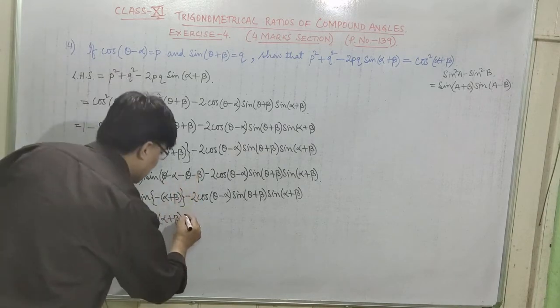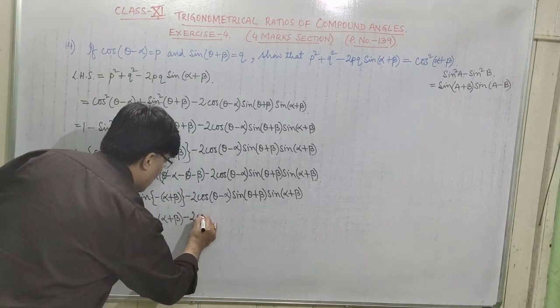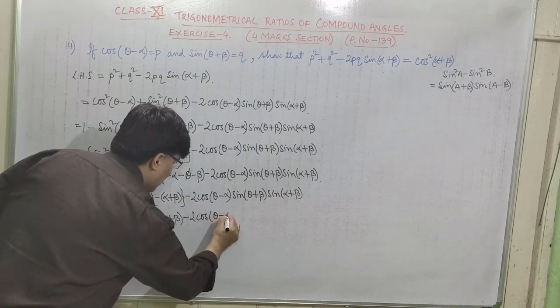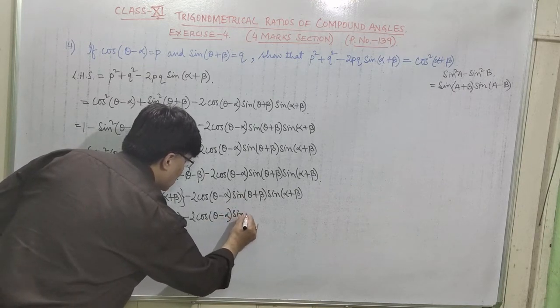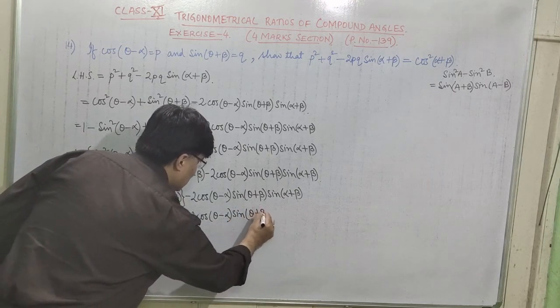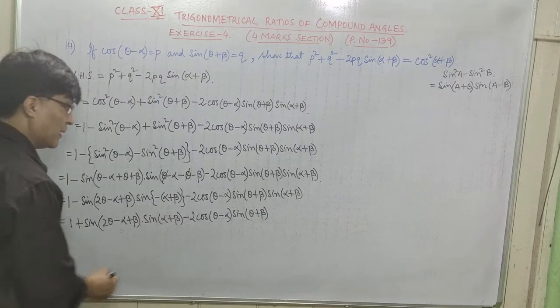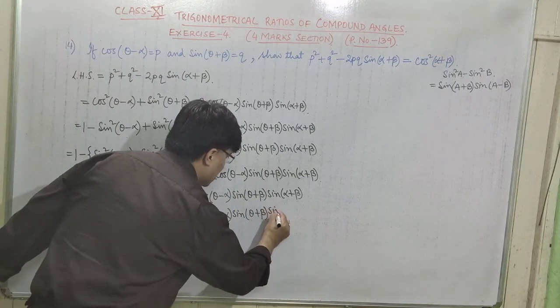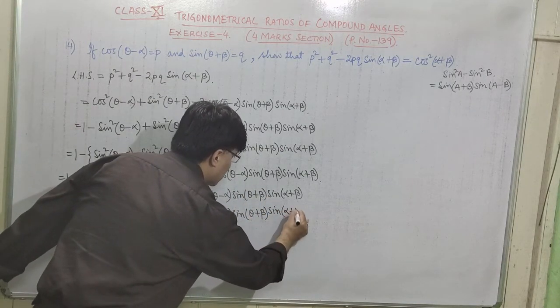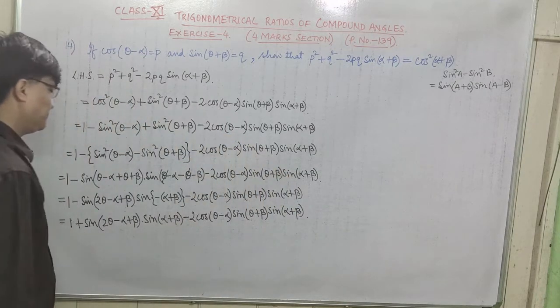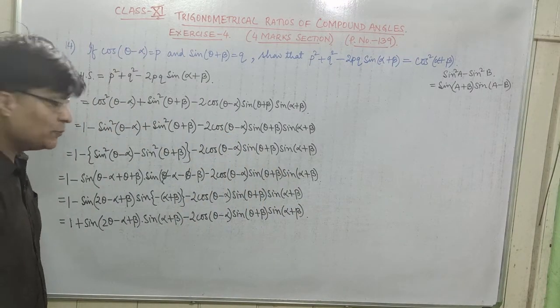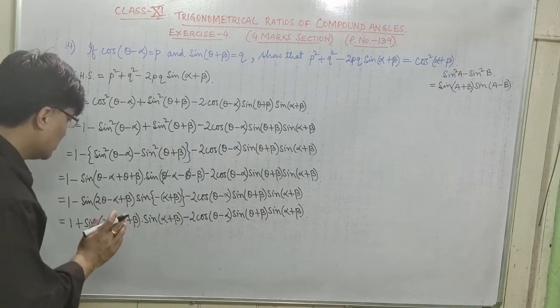Okay. Next, minus 2 cos of theta minus alpha, sine of theta plus beta, right? Then this is sine of alpha plus beta. Understood now?